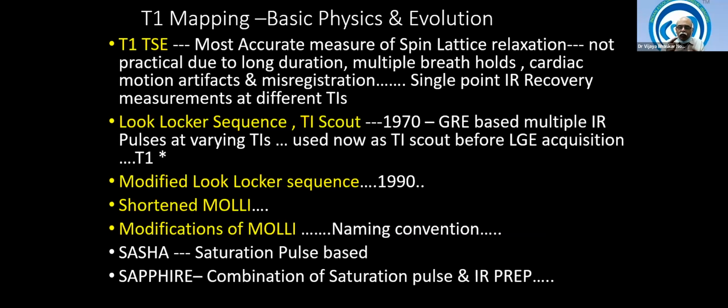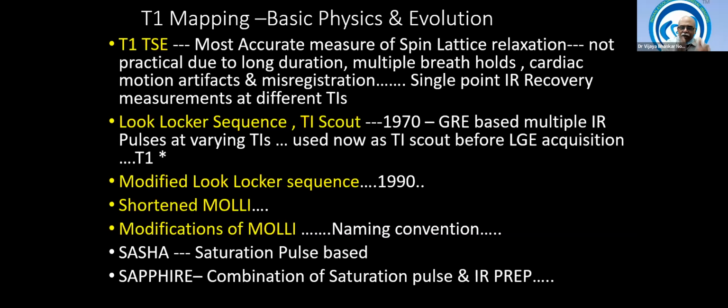Either you give more number of pulses, or reduce the flip angle. You reduce the flip angle, it deviates, comes back, deviates, comes back. So you reduce the flip angle, give more number of inversion pulses, or acquire more number of times. Do modification.